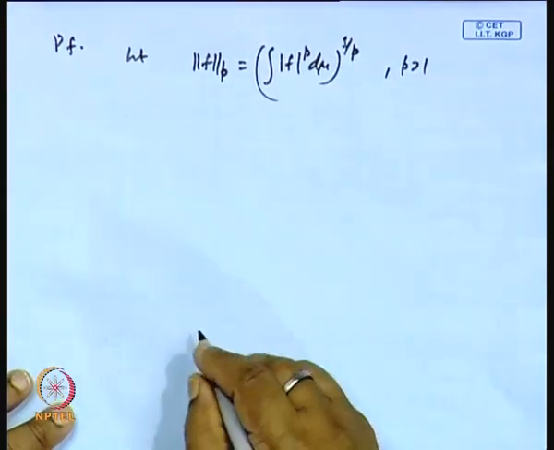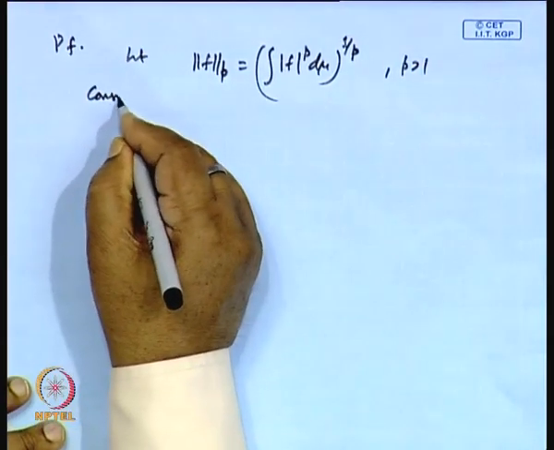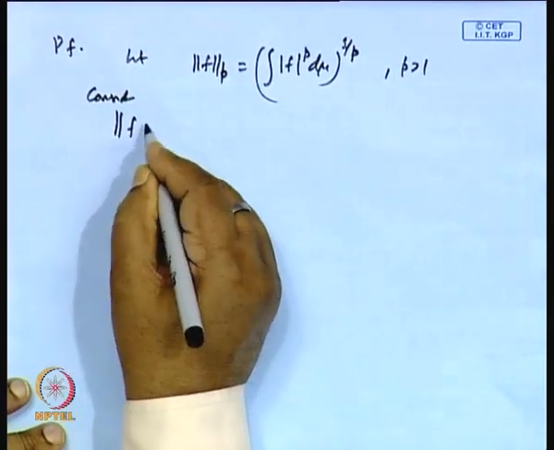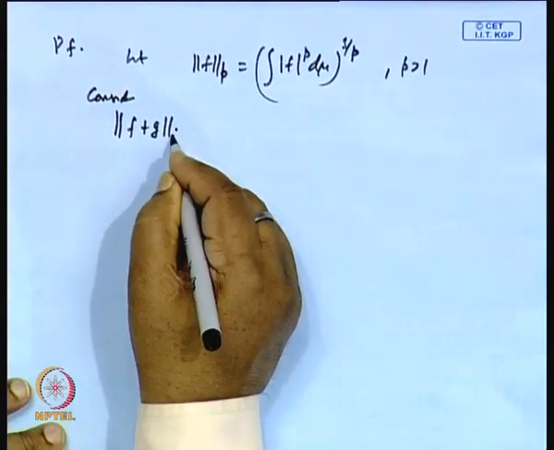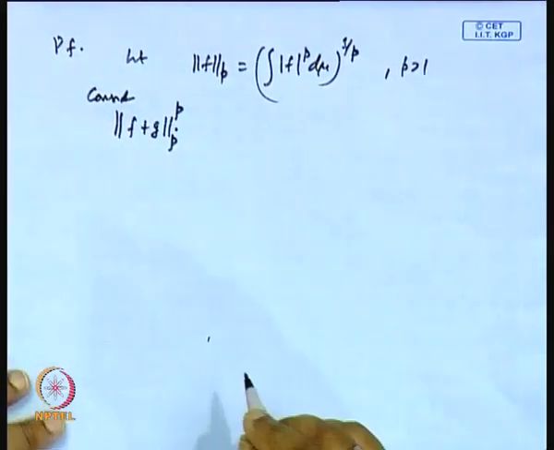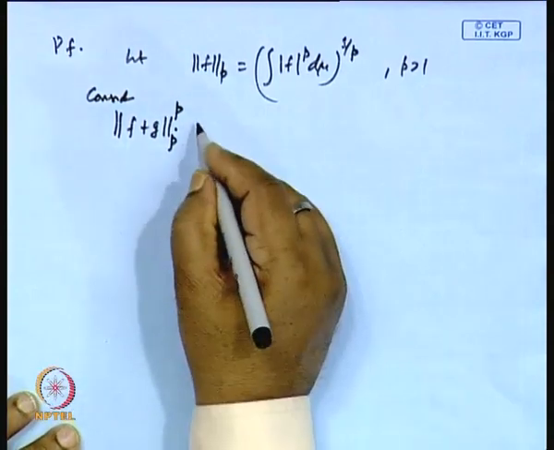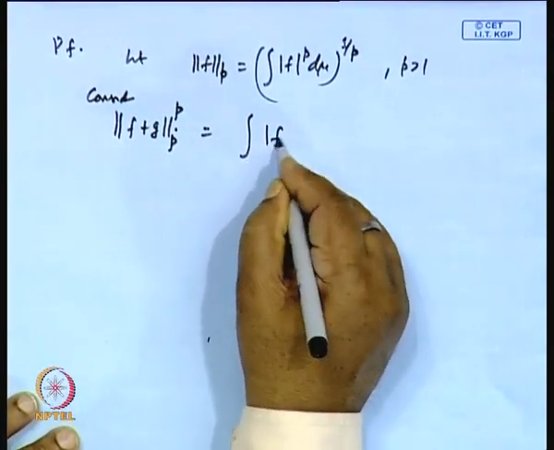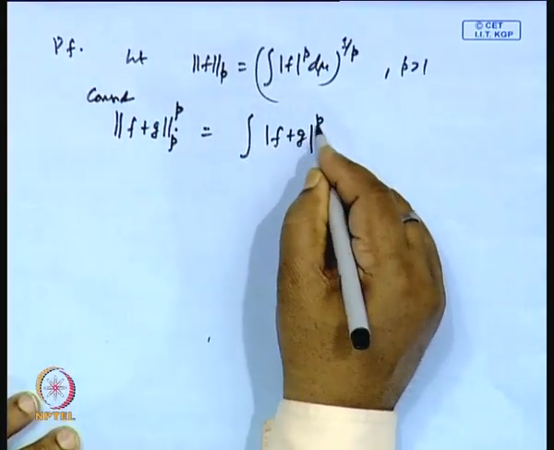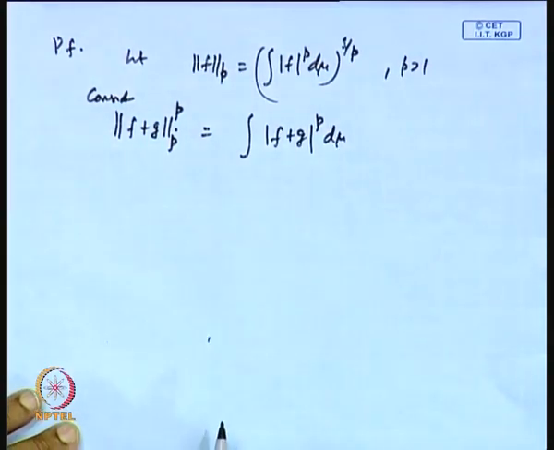Okay. When p is greater than 1, then consider norm of f plus g suffix p raised to the power p. Consider this. So, basically this is equal to integral mod f plus g power p d mu. Okay.